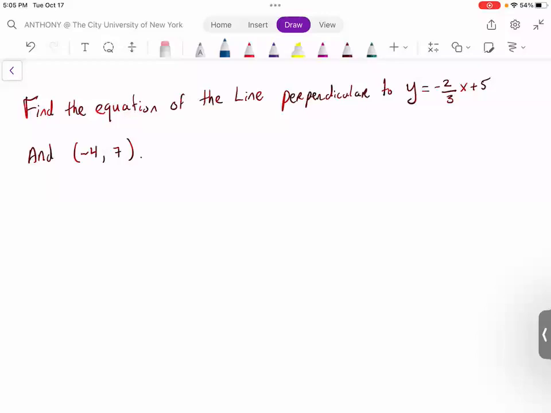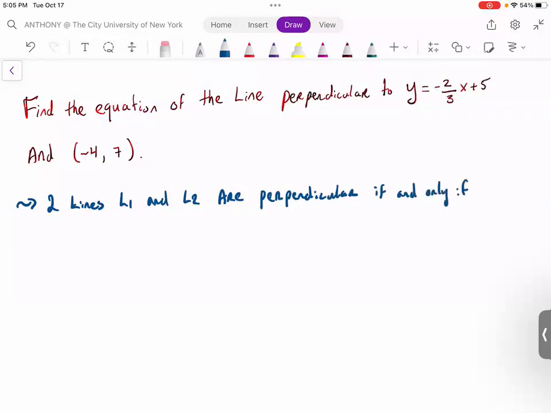So first of all, we say that two lines, L1 and L2, are perpendicular if and only if, what do we know about their slopes?